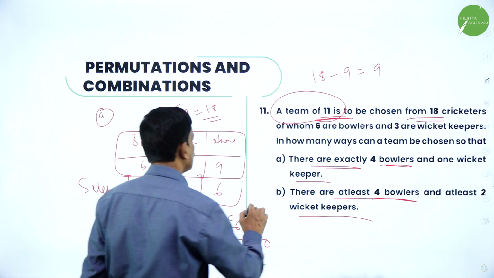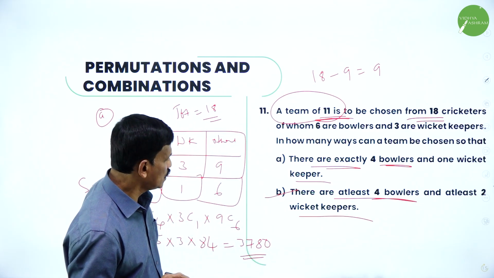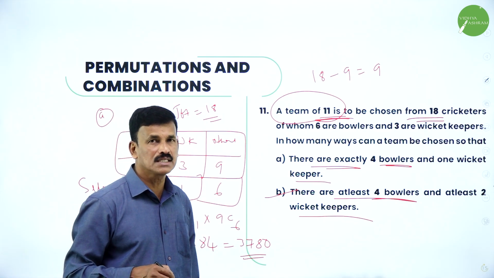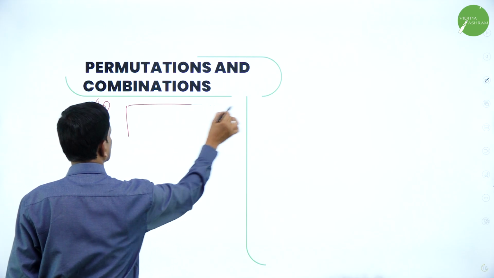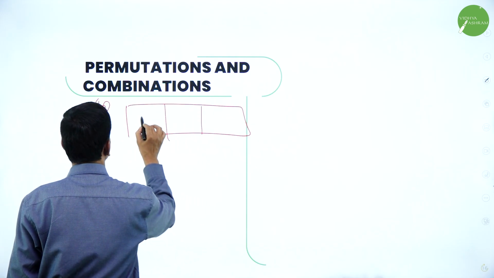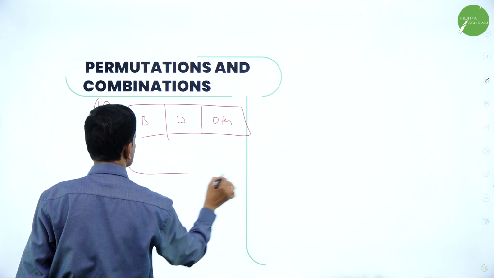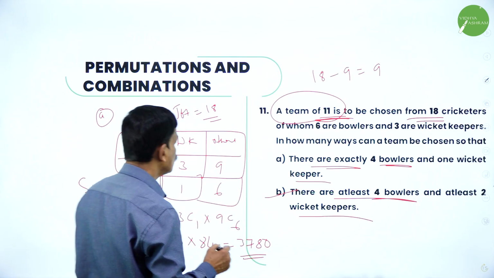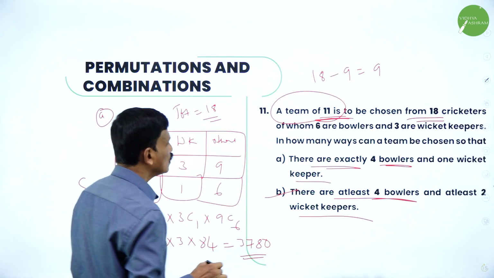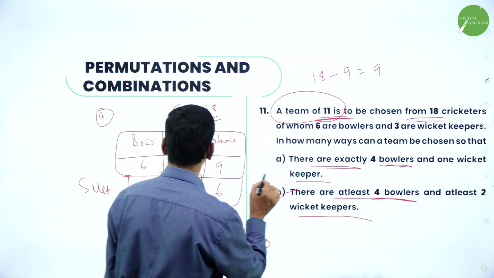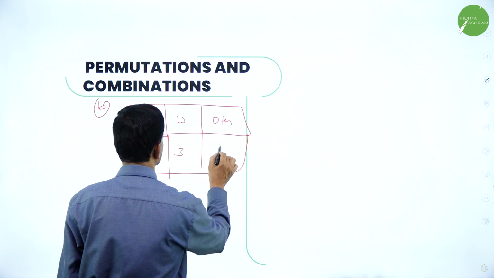Now move on to the second case. There are at least 4 bowlers and at least 2 wicket keepers. Same, bowlers, wicket keepers and others. So 6 bowlers, 3 wicket keepers, and others are 9.